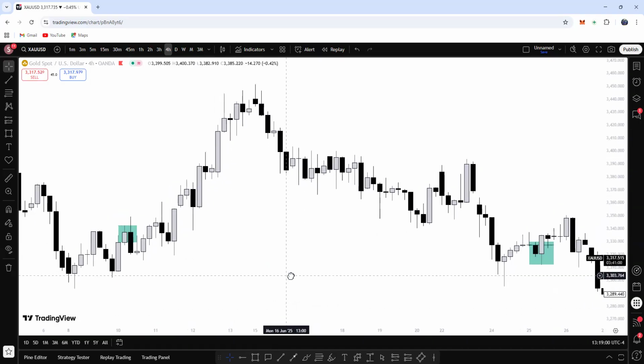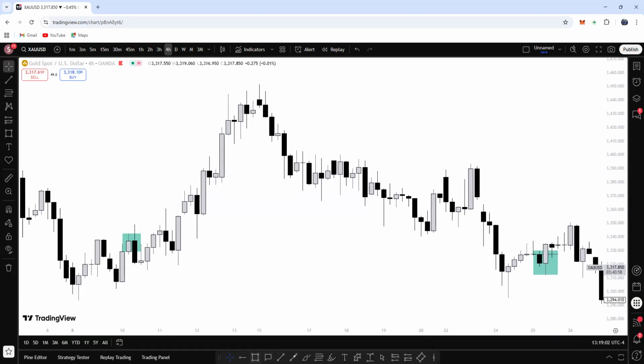Then the other one, closing engulfing, where it closes above the candle, not only the wick. This is one example here. The wick did not go below the previous candle, but it closes above.